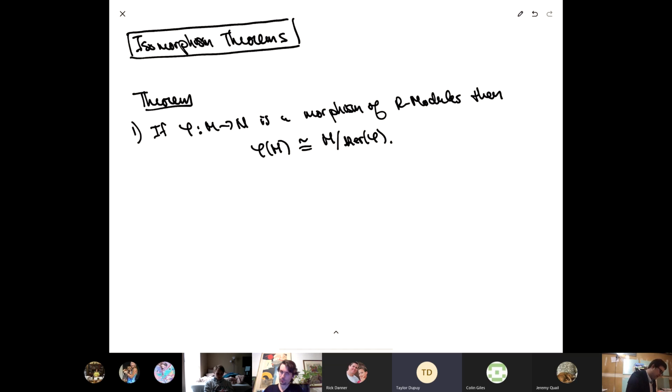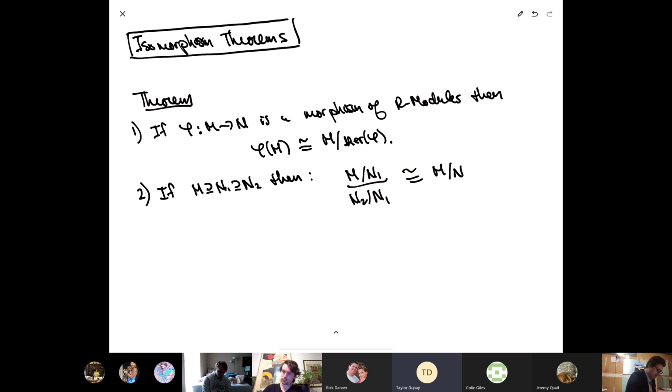The second thing that we have is that if we have two containments, n1 contained in n2 contained in m, then we have the following: m mod n1 modulo n2 mod n1 is isomorphic to m mod n2. So it's like you can cancel. There's also an isomorphism of posets.